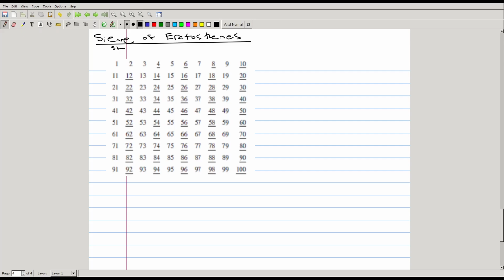Sieve of Eratosthenes, step 1. You underline integers divisible by 2 other than 2. That's 4, 6, 8, 10, 12, 14, 16, 18, and so on and so forth. And then you do the same thing for integers divisible by 3.